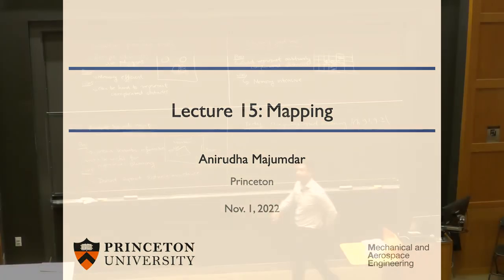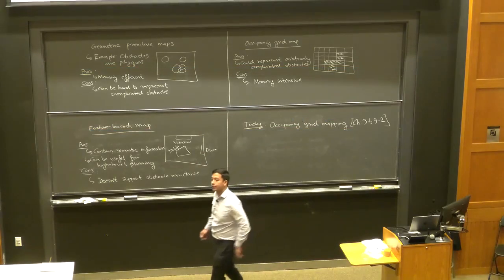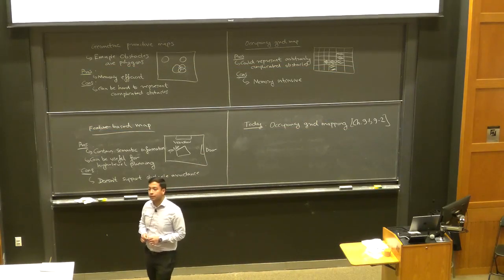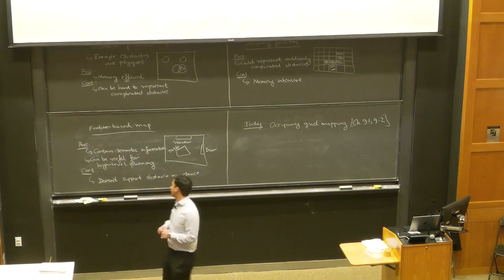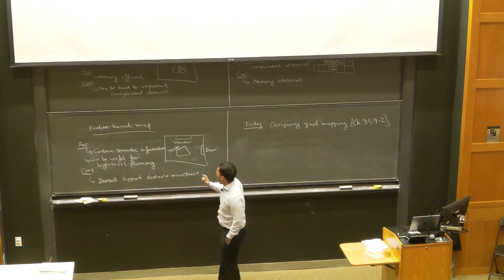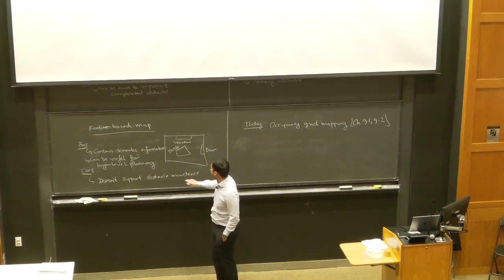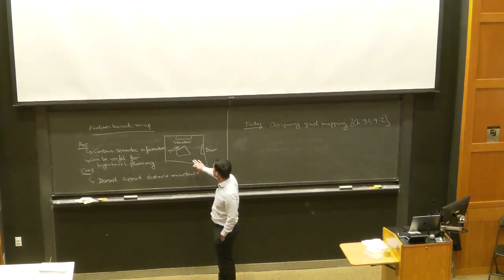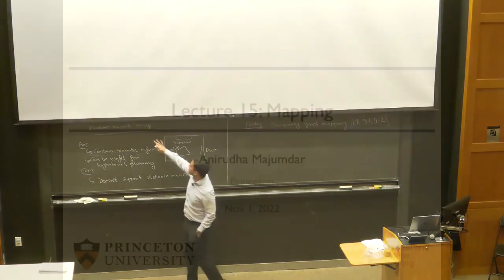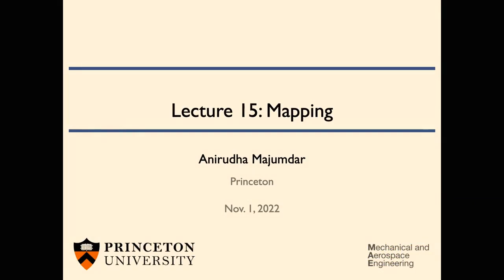Go ahead. Why doesn't a feature-based map support obstacle avoidance, if you have different obstacles? The reason it doesn't directly support obstacle avoidance is that with a feature-based map, there's no guarantee that the things that are not represented are actually free.